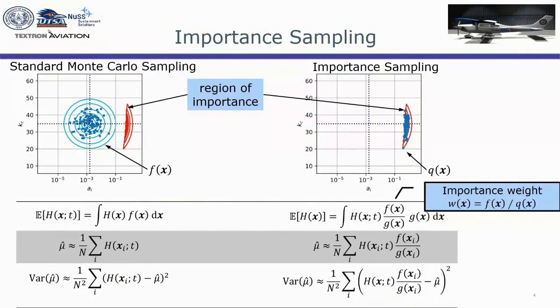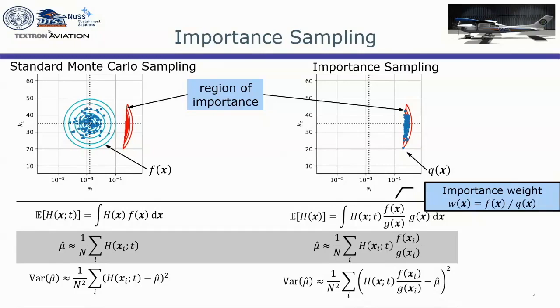So whatever the expected value of this function is, you just sum that function over the number of samples and divide by the number of samples. To get the variance, you can do it this way. It's harder to calculate a variance than it is a mean. So if you're not getting enough samples to accurately predict the mean, you will probably not get a very good estimate of variance either.